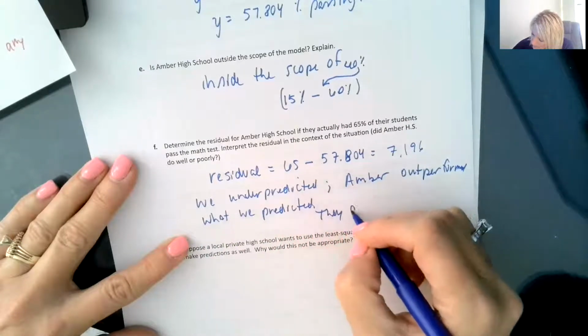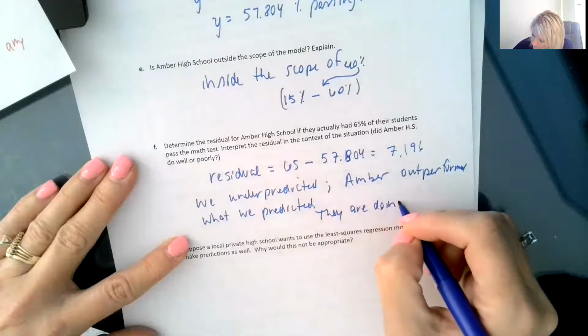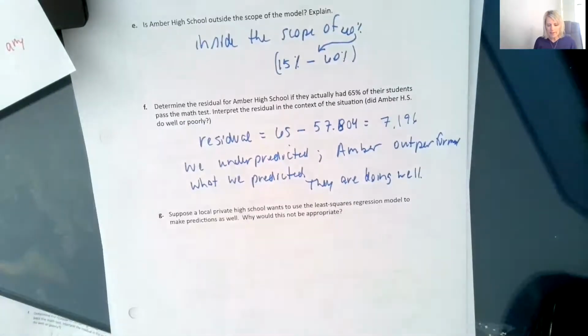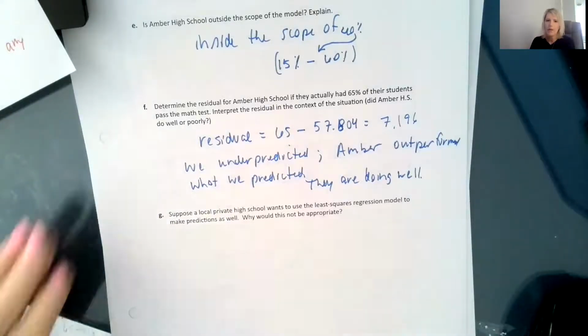They are doing well. That's exciting. Now remember, not every context is going to be that if you underpredicted, they're doing well. So you have to look from context to context at what the interpretation is.